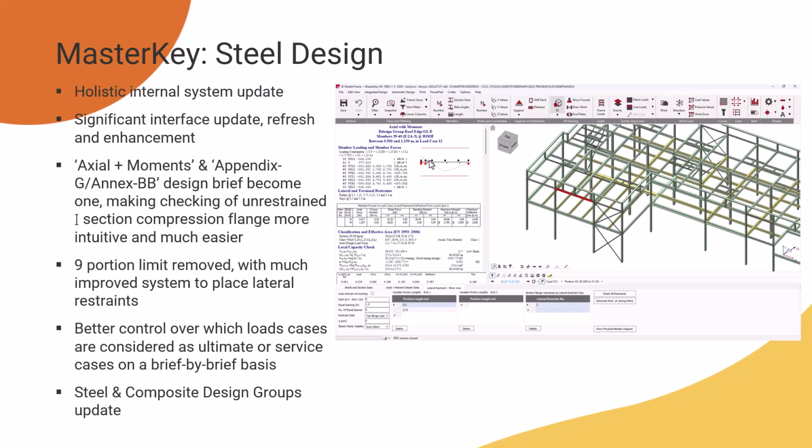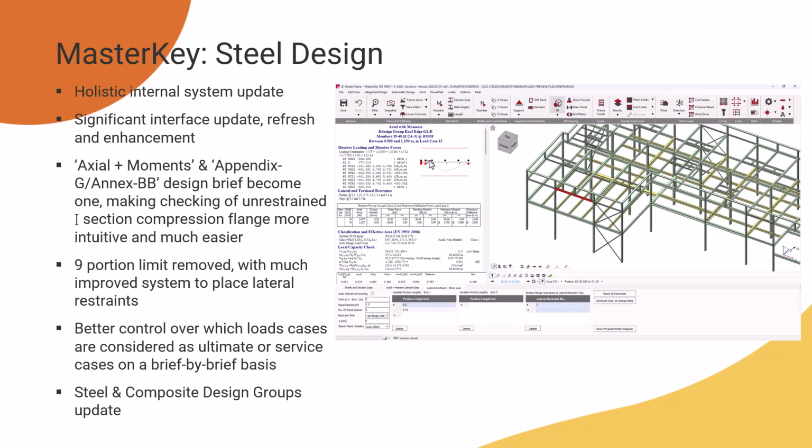Those previous two design checks now become one. They get merged together, which makes the checking of an unrestrained compression flange much more intuitive and not so easy to misunderstand.